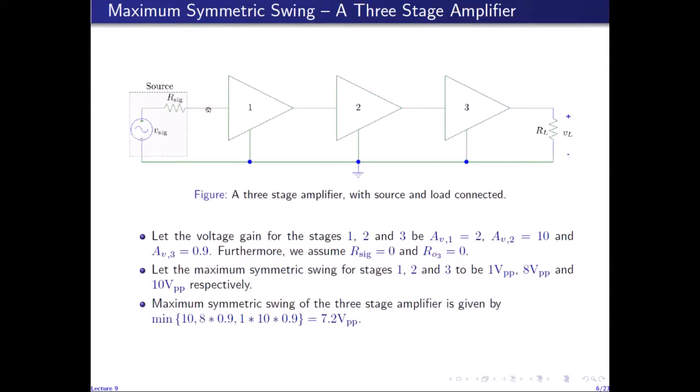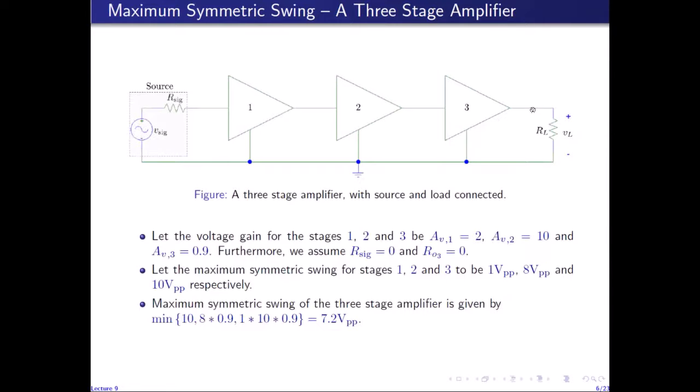So as soon as the voltage at the input of the first stage increases beyond 0.4 volts peak to peak, the voltage at the output of the second stage will be clipped off at 8 volts peak to peak, because it cannot go beyond 8 volts peak to peak. And hence, since this voltage is clipped off, the voltage at the output of the third stage will be clipped off.